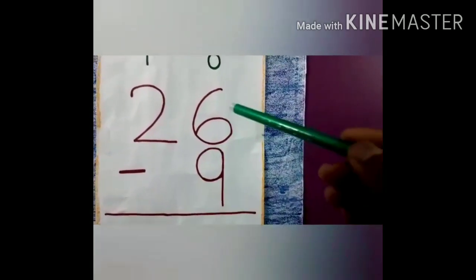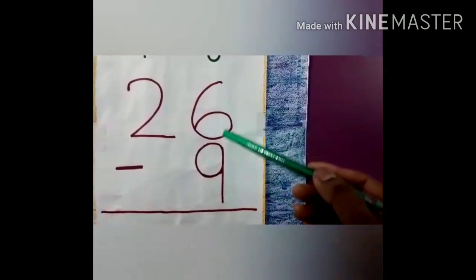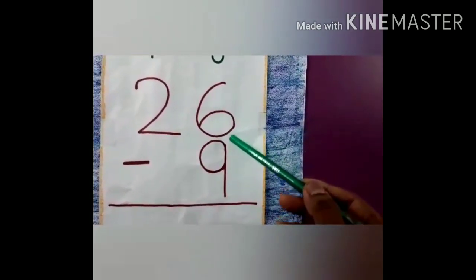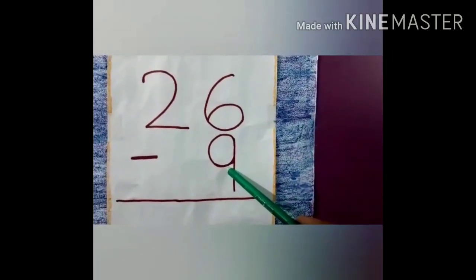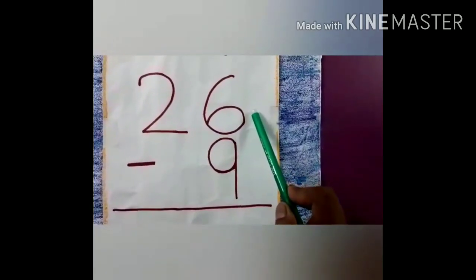Is it possible? From 6 chocolates, can I take 9 chocolates? Is it possible, children? You have 6 chocolates. From that, can you take 9 chocolates? No, it is not possible.